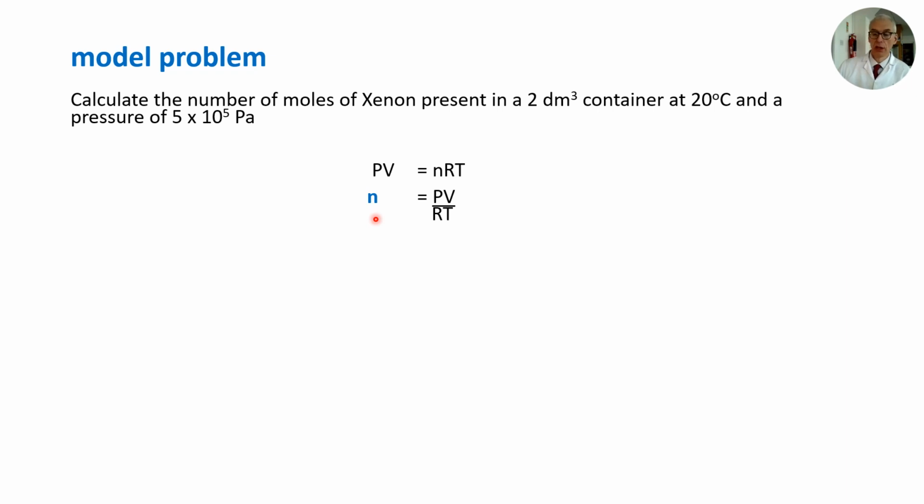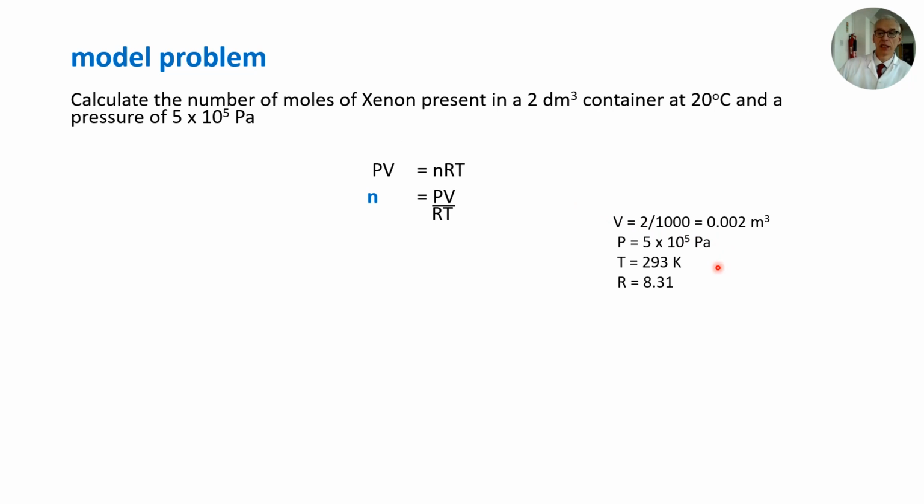Now, as mentioned on the previous slide, we need to make sure that the units are correct. So the volume was given in decimeters cubed, so to turn decimeters cubed into meters cubed, we divide by 1000. So we have 2 decimeters cubed becoming 0.002 meters cubed. The units of pascals were as per given in the question, so that's not a problem.